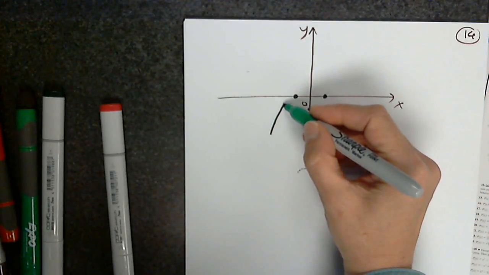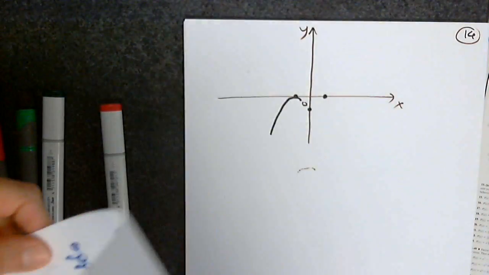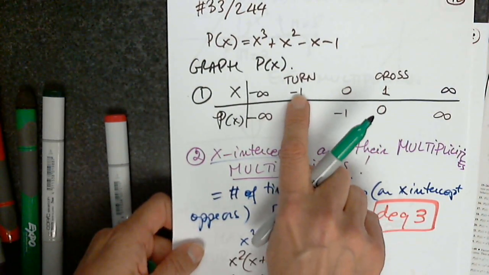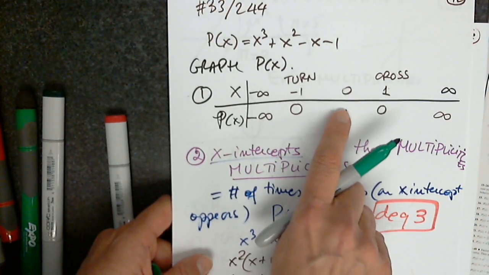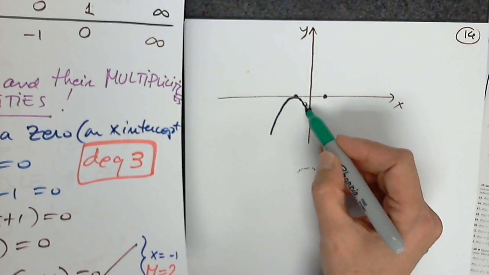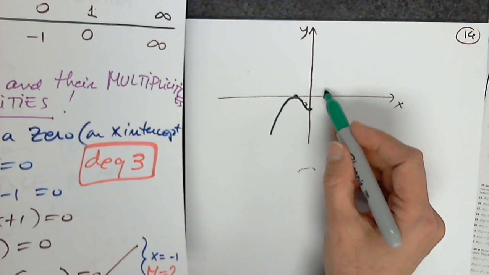It's coming to the first point that I plotted, but it has to turn. It touches the x-axis at negative 1, 0, but it's a turn. Then it has to come down to this point. I don't know if it's going to turn here or do this. That part I don't know.